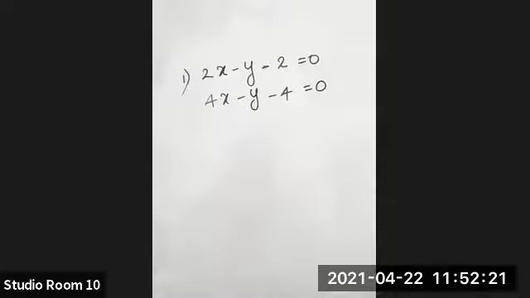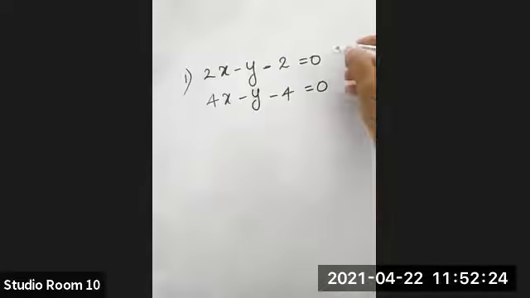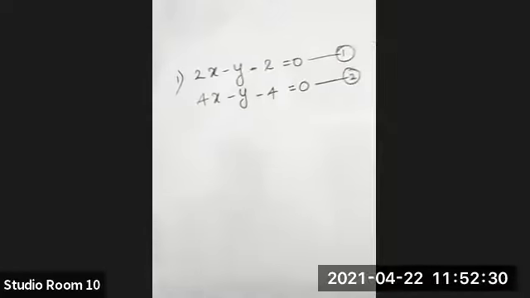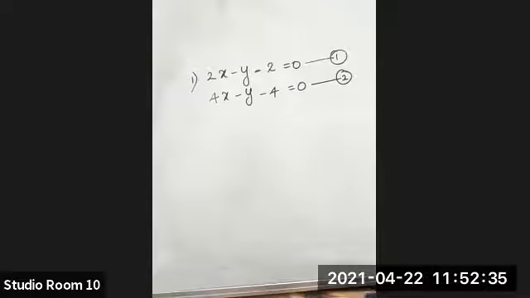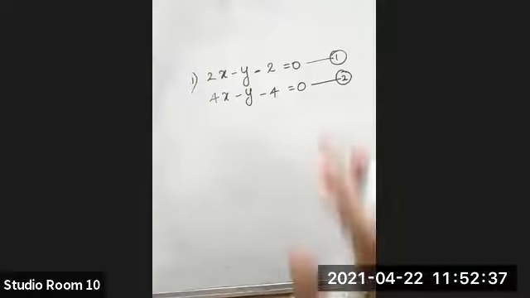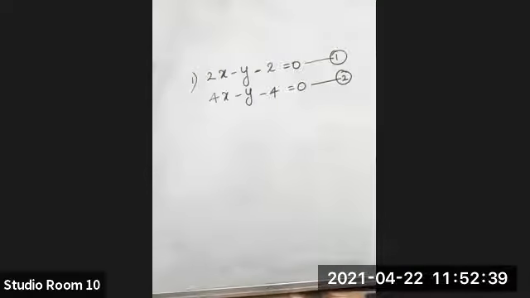Listen, children. Let us sit straight. Keep your pen down. You are given two equations. Name the first equation as 1 and the second equation as 2. From the first equation, we can find out what is x, or from the first equation, we can find out what is y.